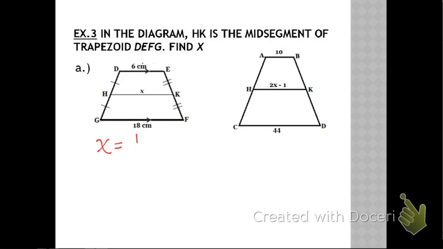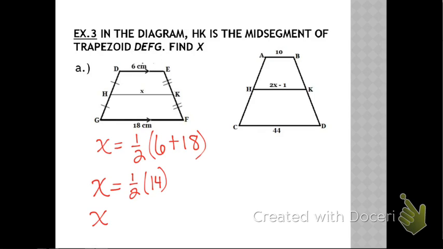So X is equal to 1/2 of the sum of the bases. The bases, in this case, are 6 and 18. A couple ways you could do this. You could distribute the half, or you could work inside your parentheses first. It doesn't matter to me as long as you get X is equal to 7 centimeters.